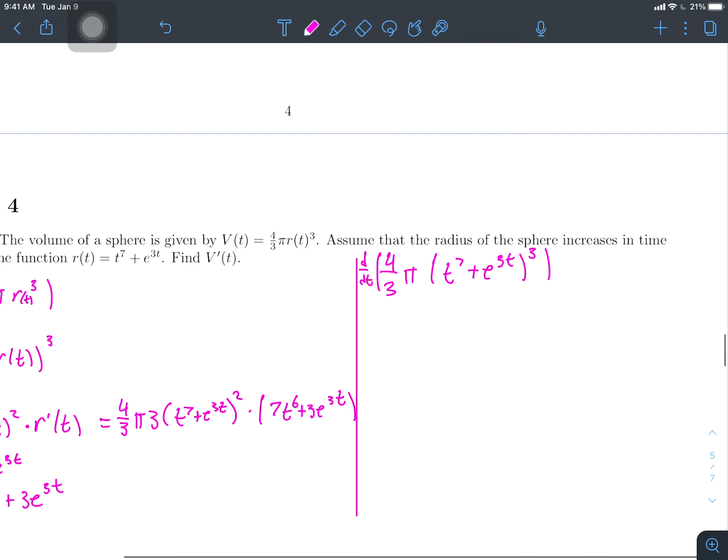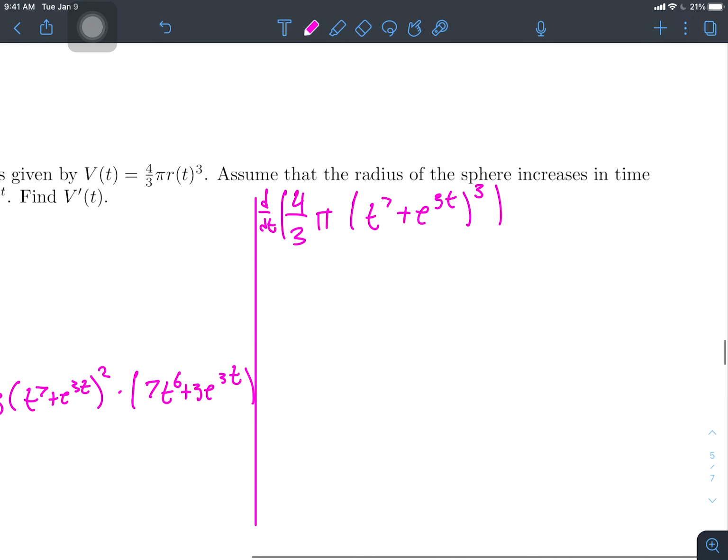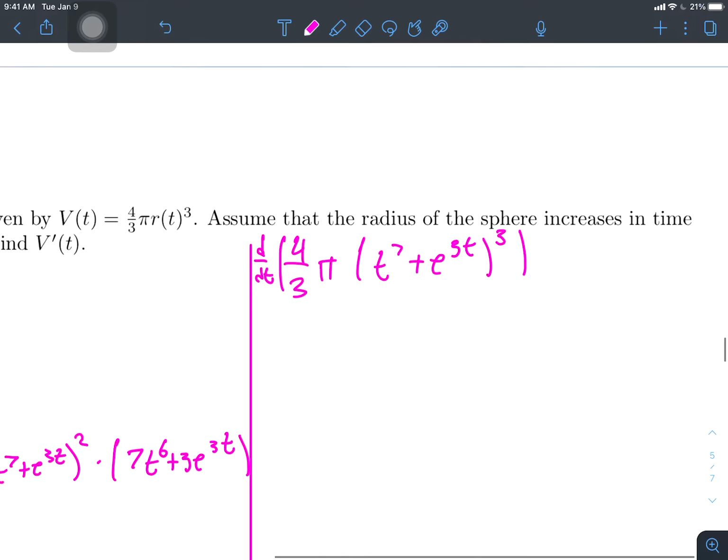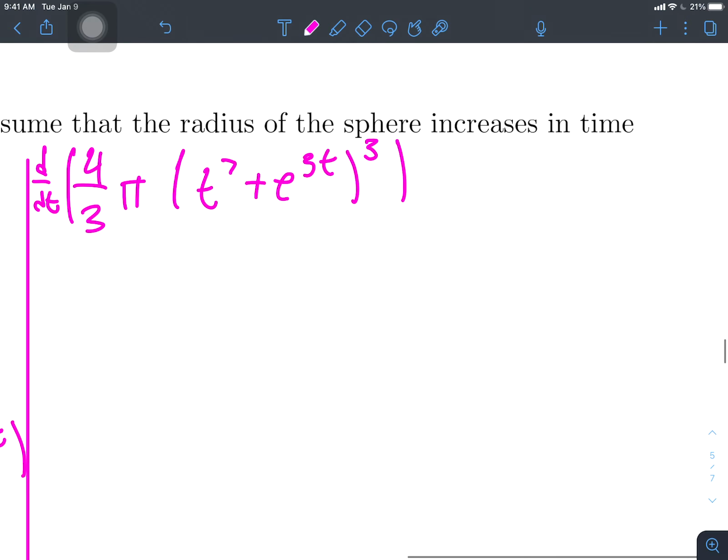The first would be to literally FOIL this out 3 times, which would be really painful, and you're highly likely to make a mistake. The second way is to apply the chain rule, except not using the function notation r of t, but actually using the function t to the 7th plus e to the 3t, cubed.